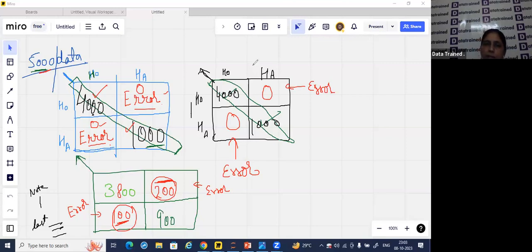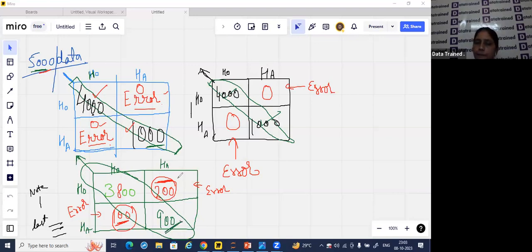So students, here, what should be evaluated, what should be checked? Here we can check out this diagonal. The values or the number of forms which are present inside this diagonal. So I will say for H0, correctly filled forms are 3,800, and for HA, alternative, 900 forms are filled correctly.